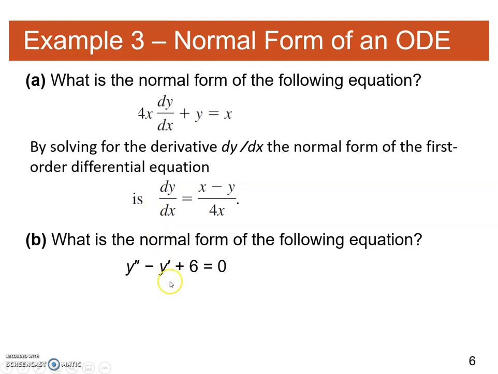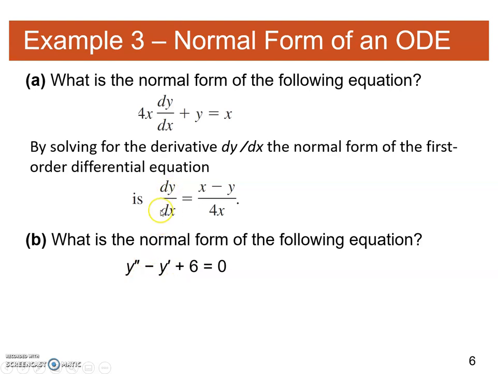ordinary differential equations. This is another example. In this case, this is a second degree, second order equation, y double prime minus y prime plus 6. Remember that I did not actually talk about this. The prime symbol is also for the derivative, so it is a shorthand for dy over dx.